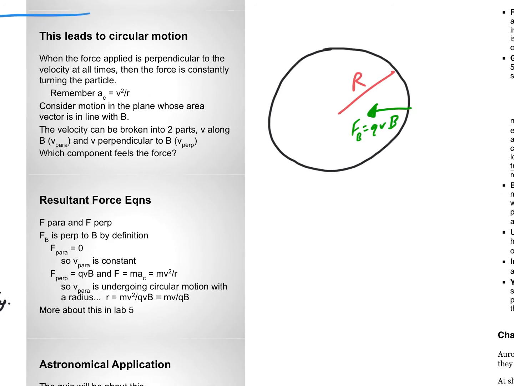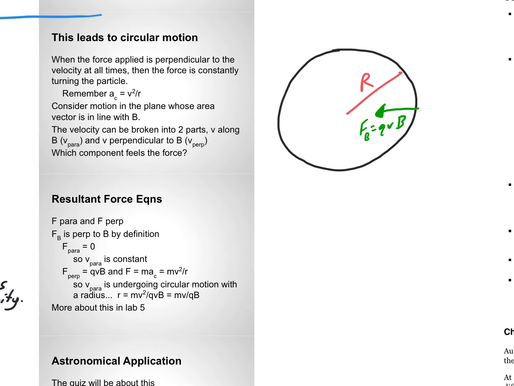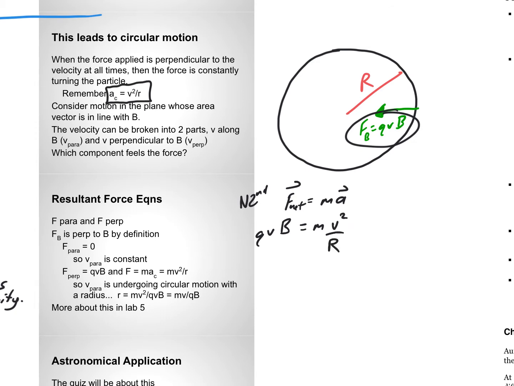All right. So I can use Newton's second law, which is that the net force is equal to the mass multiplied by the acceleration of the particle. The net force is only the magnetic force, because that's going to be our only force acting on the particle for this example. qvB equals the mass times acceleration, and its acceleration is purely centripetal, v squared over R. I go back and forth between an uppercase and lowercase r on this one.